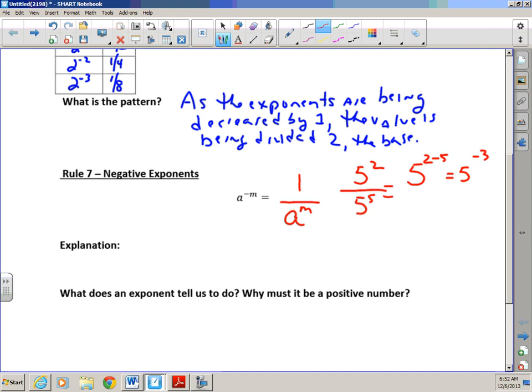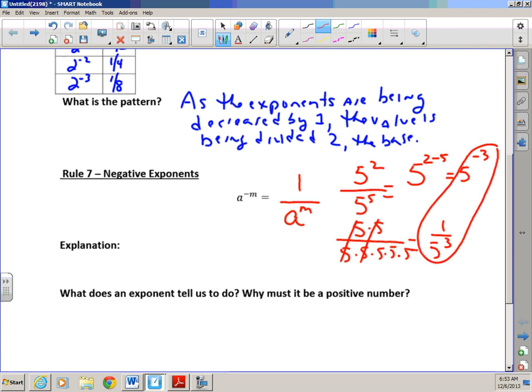You've also learned that 5 squared is 5 times 5 over 5 times 5 that number of times. We would cancel out the common 5s. And what are we left with? 1 over 5 to the third. Well, we started at the same place. So what you're telling me is 1 over 5 to the third is equal to 5 to the negative third power.